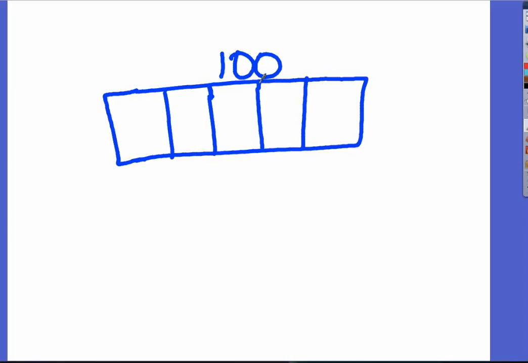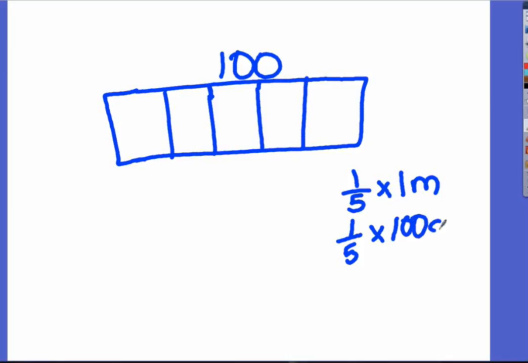And so I know that 1/5 times 1 meter is the same as 1/5 times how many centimeters? 100 centimeters. The question is how much is in 4/5.